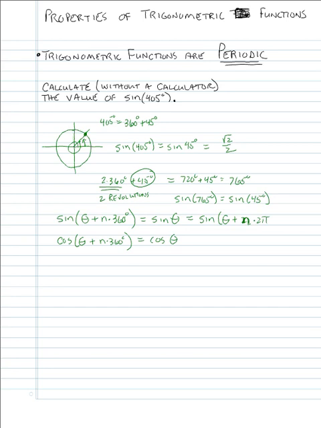So that means we're making n revolutions, and then going theta more, that's the same as the sine of theta, and likewise here. Now, that's useful when we have angles that we're calculating the sine and cosine of that are much larger than 1 revolution, or are larger than 1 revolution in a positive or a negative way.